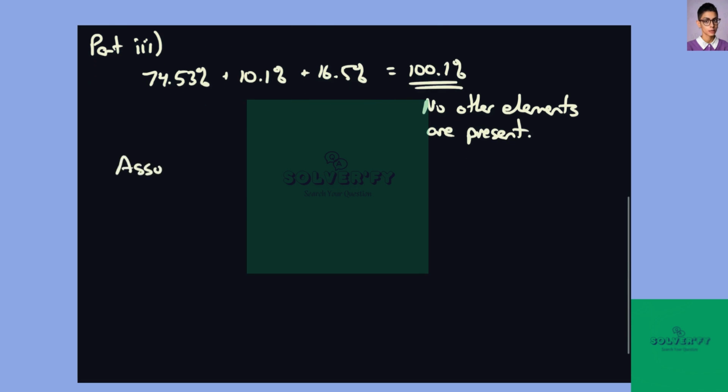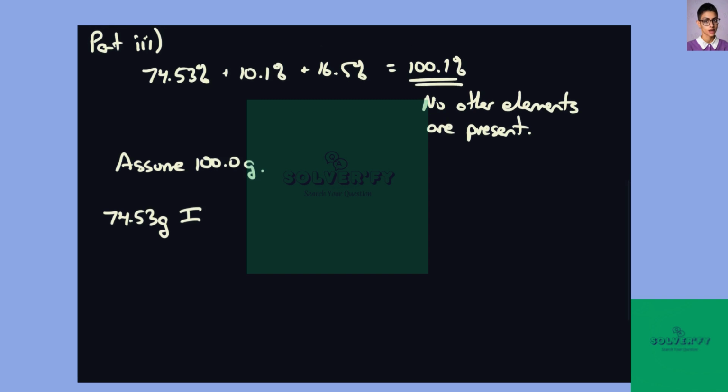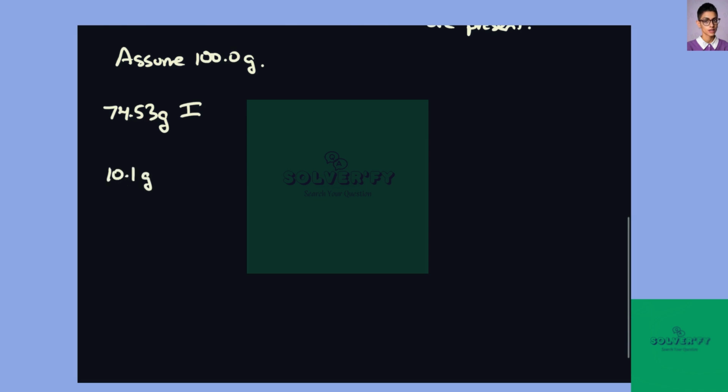So if we assume 100 grams, then we have 74.53 grams of iodine, 10.1 grams of chromium, and 16.5 grams of NH3.